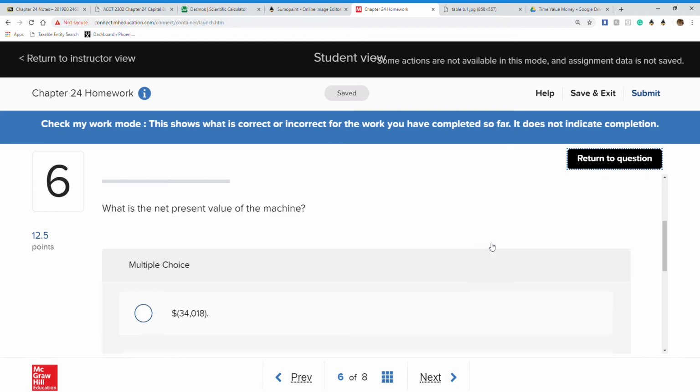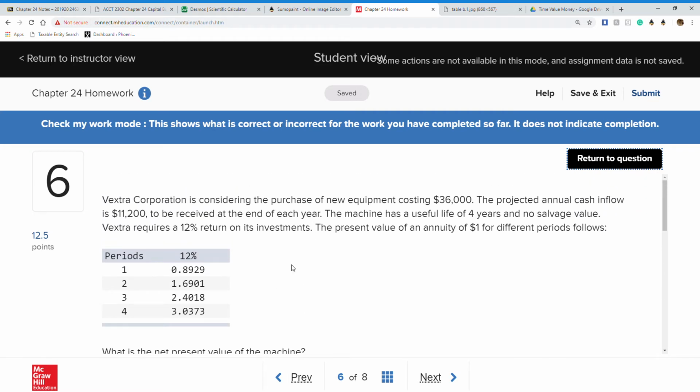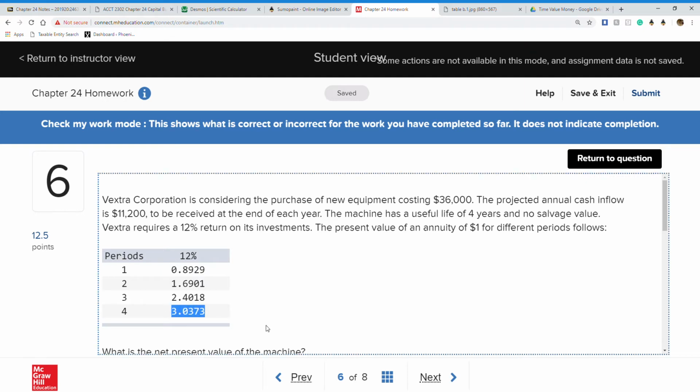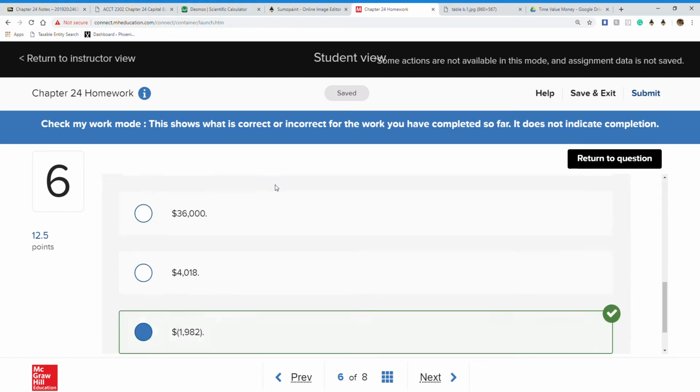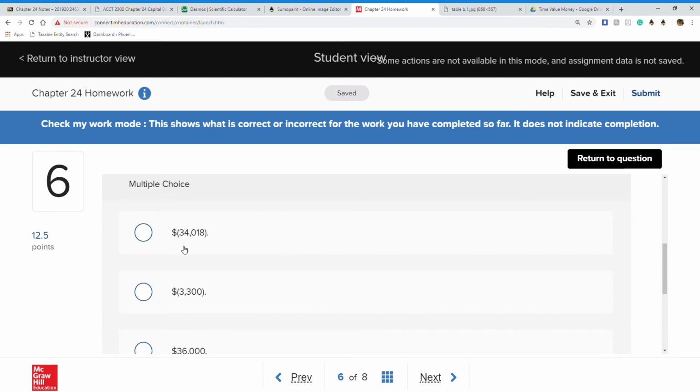So when it's looking for this net present value, first thing again, take your cash flow, times it by how many years. This is our rate. And then subtract 36,000 from it. Notice that they did put the 34,018, which is the present value after the rate, but it's negative.